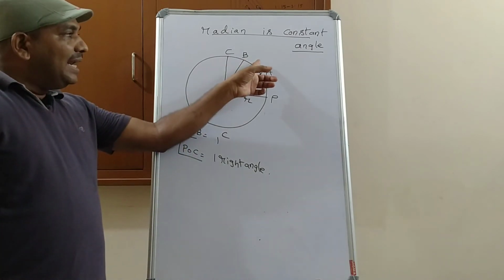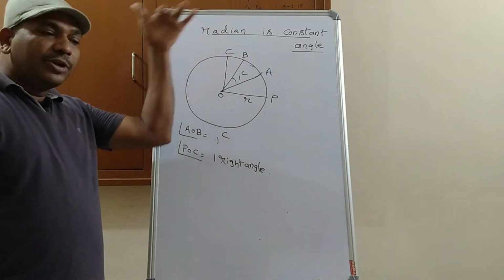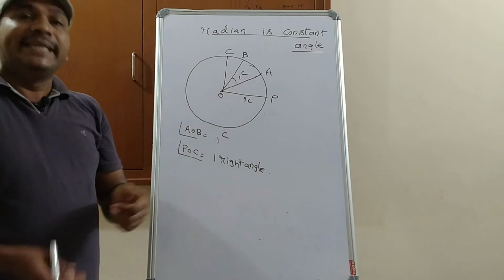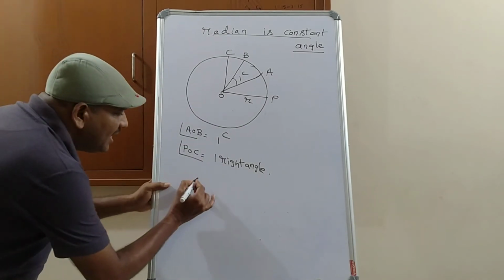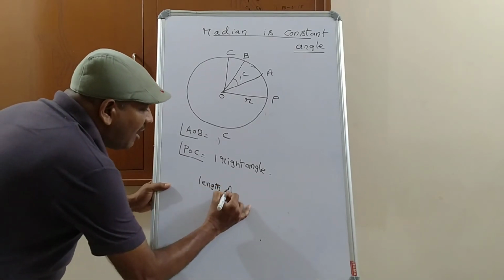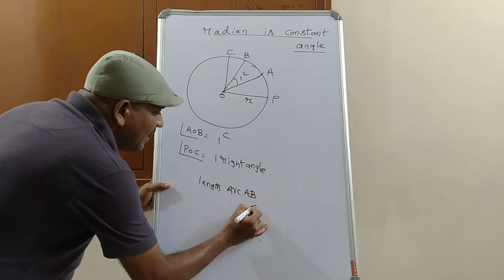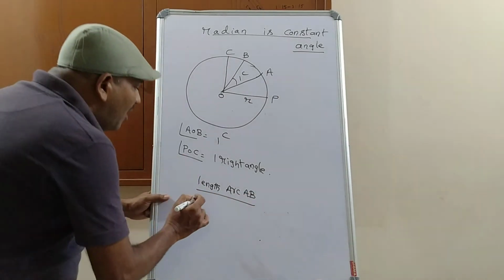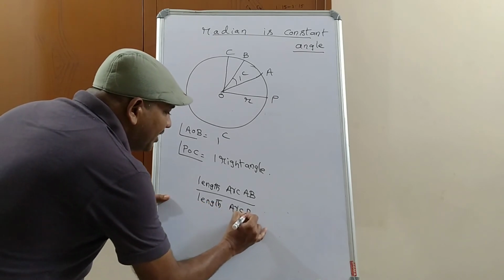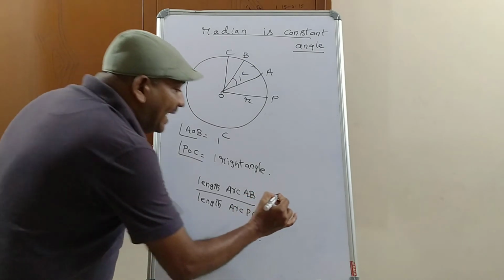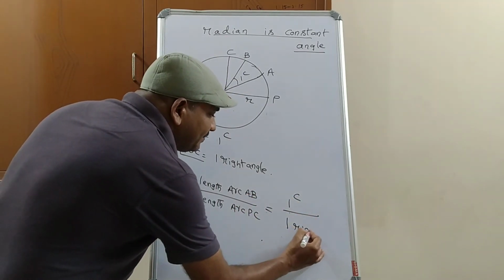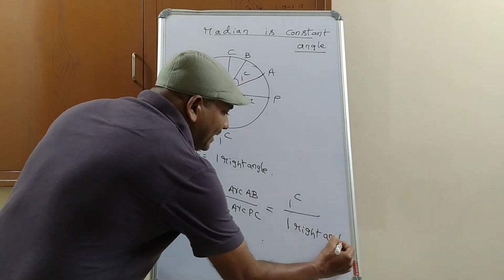Therefore, length of arc AB by length of arc PC equals 1 radian by 1 right angle.